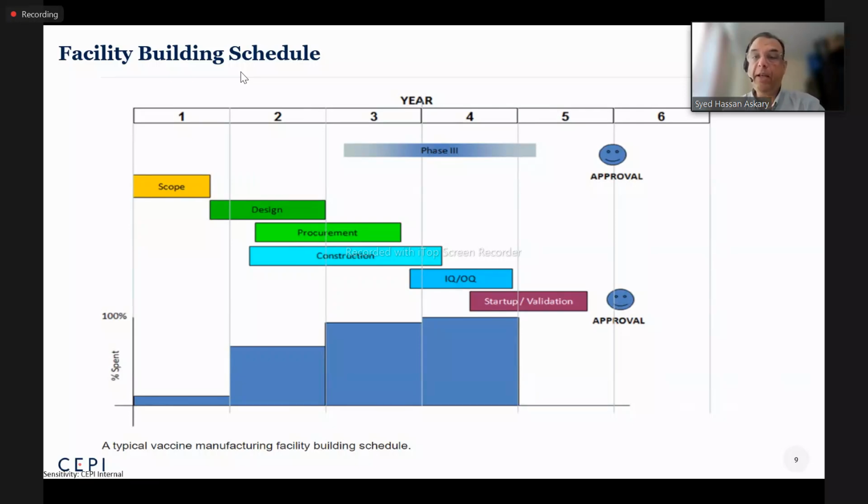So once IQ/OQ is done, your equipment is qualified, then you manufacture the product, and then that data needs to be submitted for approval of the facility. And you can see how long it takes. It's not just the construction, but even after the construction, it takes another 1.5 to 2 years.